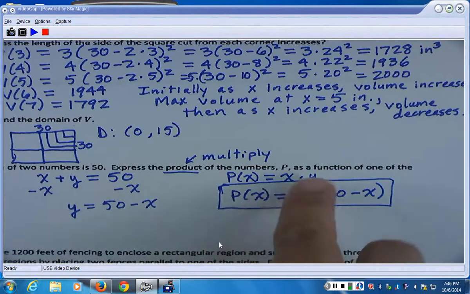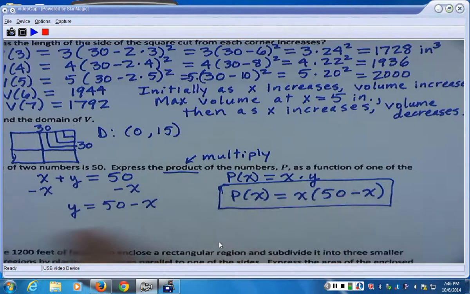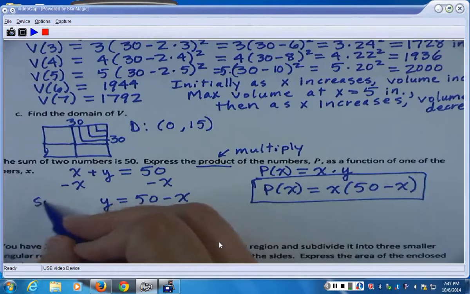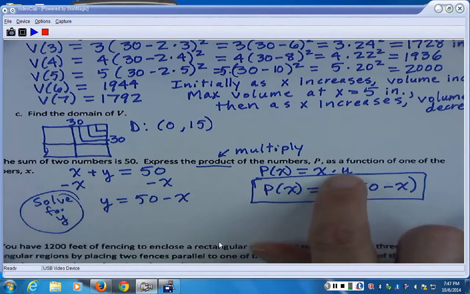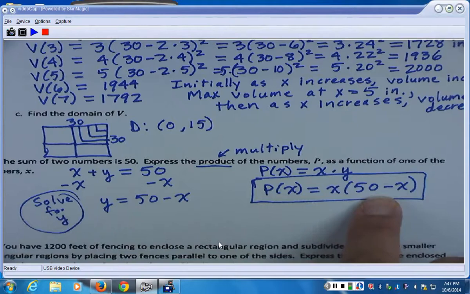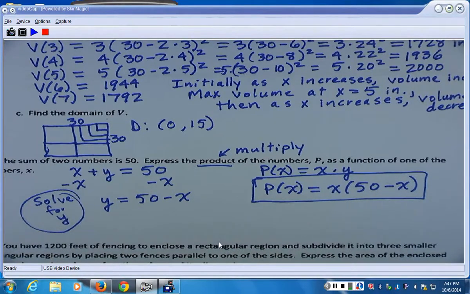And then you're going to use this equation to solve for y over here, and substitute it in, because we wanted it just in terms of one of the numbers, x. Okay? So that's how you do that kind of problem.